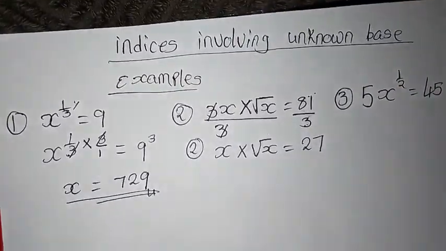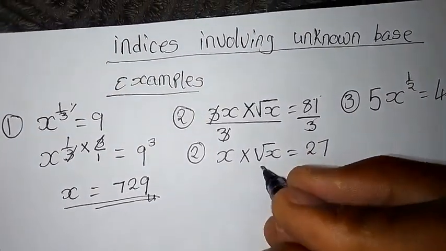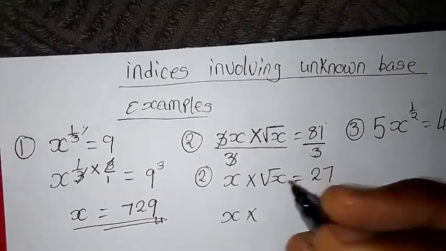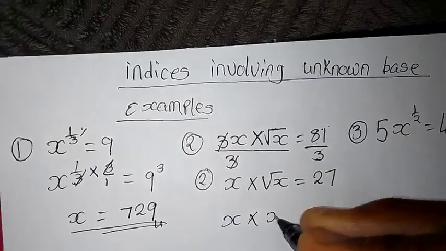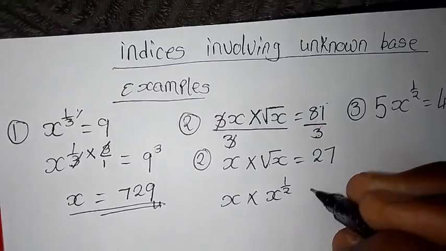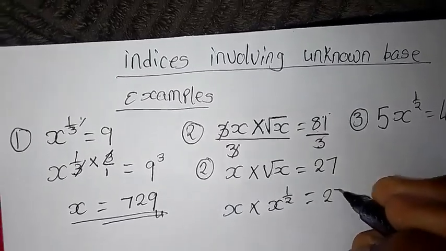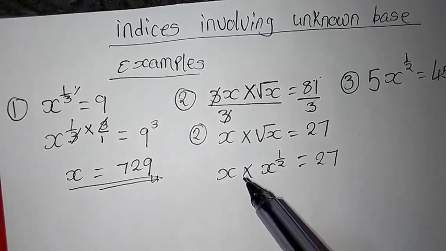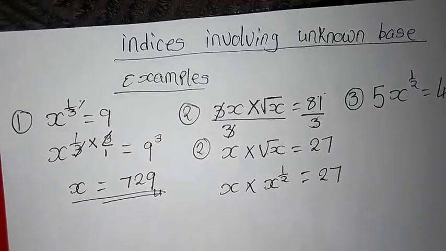The square root of x is the same as x raised to the power 1/2, equals 27. The multiplication law of indices says if the bases are the same, add the powers. So we're going to add the powers.